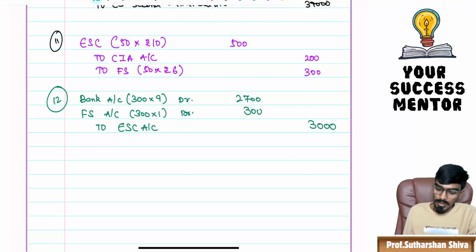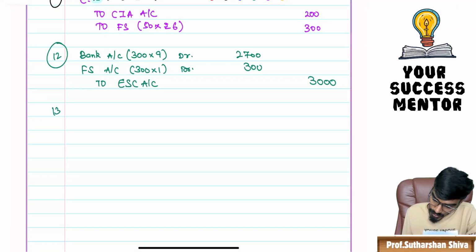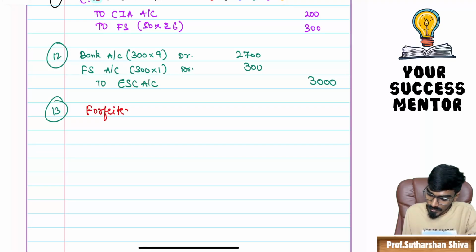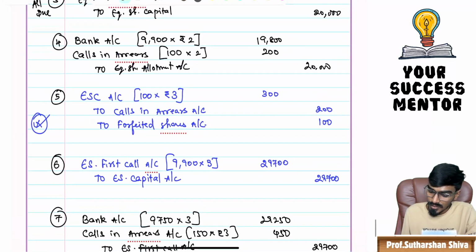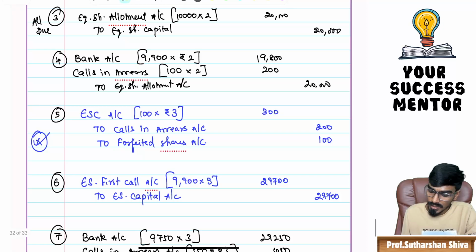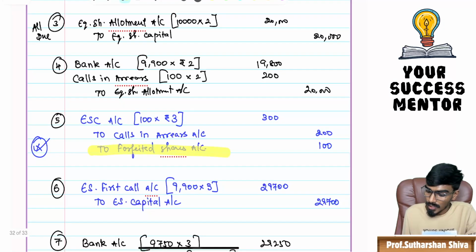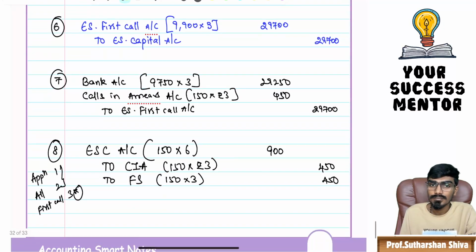Correct. Now come to the 13th entry. Anyhow, I will be in a profitable position only. Correct? Yes, sir. Forfeited shares to capital reserve. When it comes to forfeited shares into capital reserve, I will go and mark certain items. First forfeiture is happening at the time I will be enjoying 100 rupees profit.